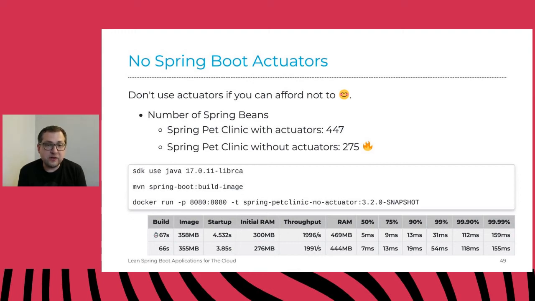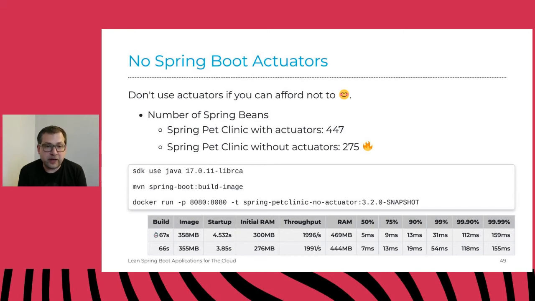If you see, the Spring Pet Clinic with Actuator currently has 447 Spring Beans created. If you remove the Actuator starter, it's just 275. So that's a huge amount of Spring Beans which are missing in the second case.